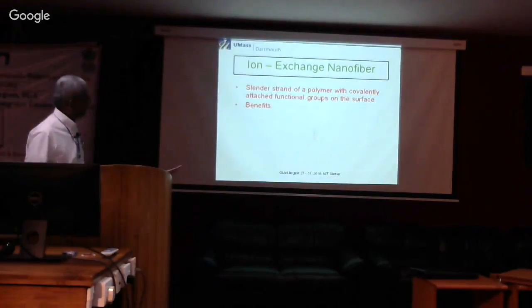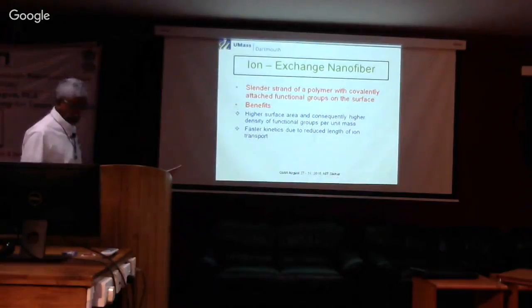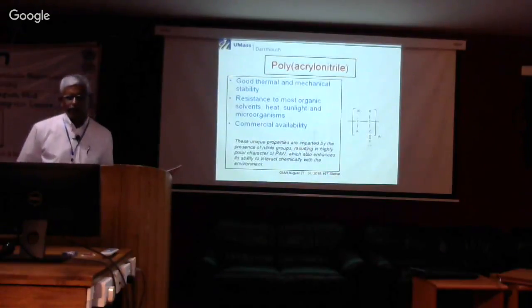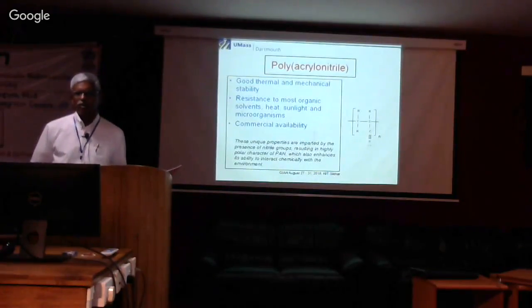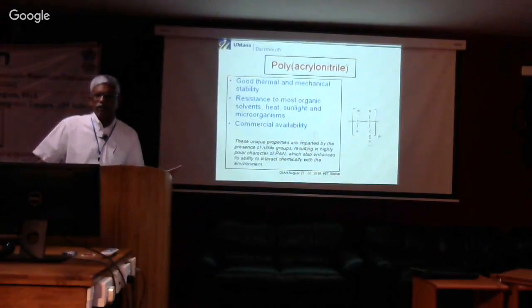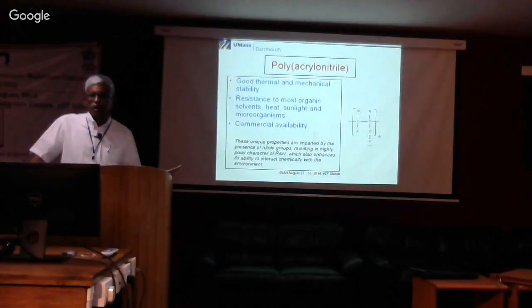So we are looking at nanofibers, and as I said, there are some benefits. The first nanofiber that we electrospun was polyacrylonitrile. Why? This question came up during the tea break. Why did we go with polyacrylonitrile?